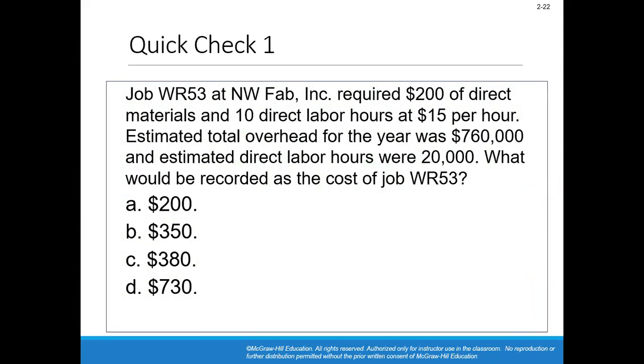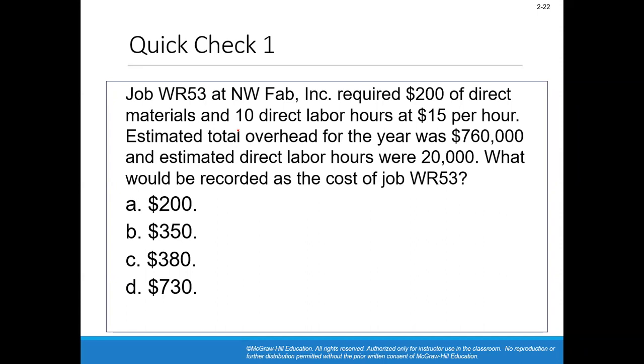Now there's a quick check that will check your understanding. So let's try to get the opinion from you. Job WR53 is the job ID number at NW5 Incorporation. It requires $200 of direct materials and 10 direct labor hours at $15 per hour.